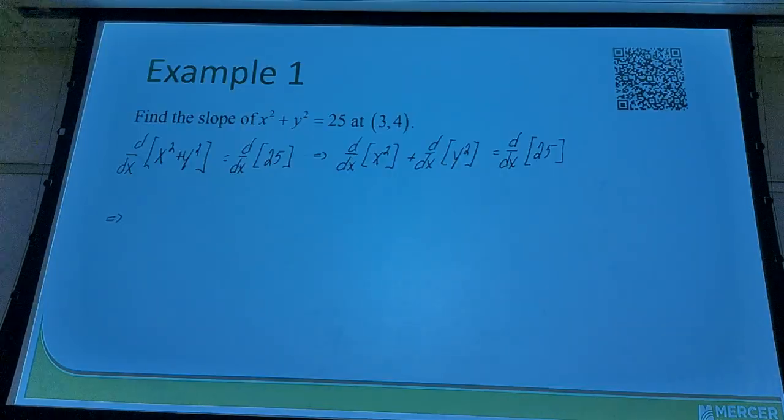Derivative of x squared. 2x. Y squared is a power function. 2y, times, and then chain rule. And derivative of 25. Nice and easy, 0. Now it's algebra. Solve for dy dx.